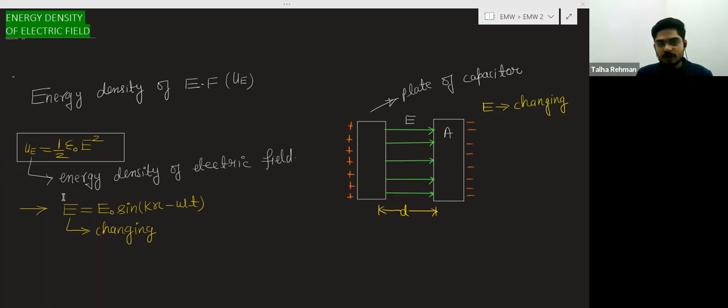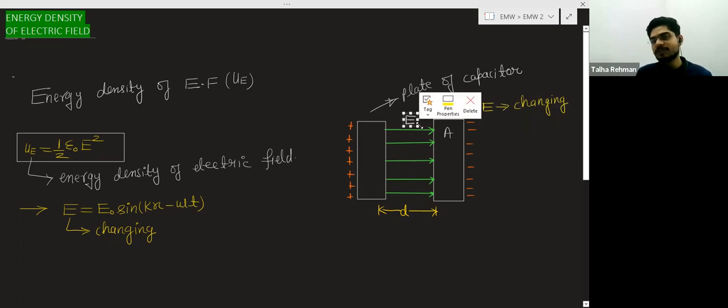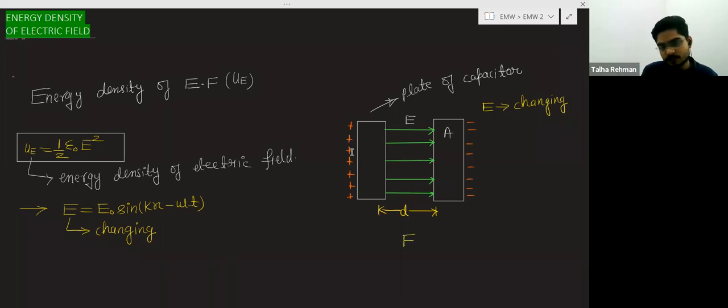Okay. Now I have told you this electric field is changing with time. Electric field is variable. Here this electric field is not constant. Why is this electric field not constant? Because of the charge on the plates of the capacitor. If you want to write the electric field in between the plates of the capacitor, this will be given by sigma by epsilon naught.